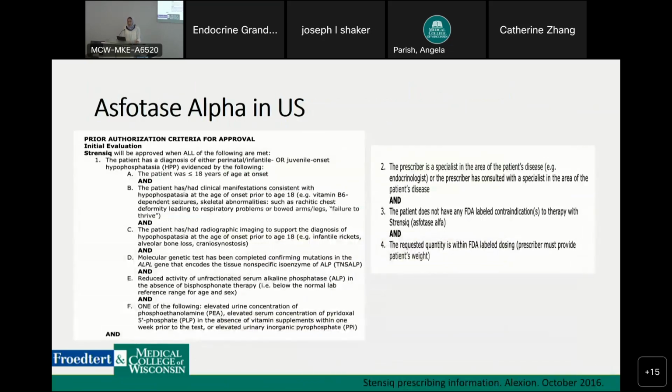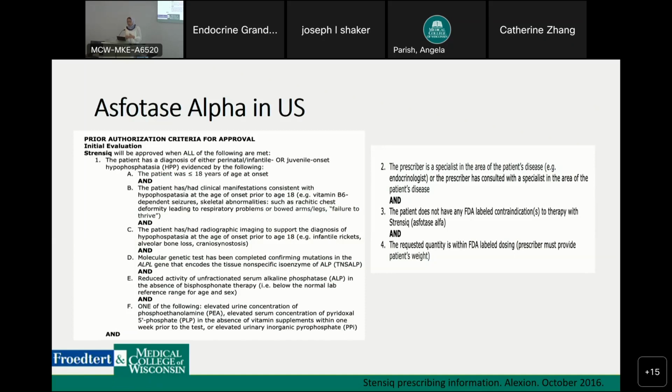So unfortunately, you know that asfotase alfa is out there and it's awesome, but it's very hard to get it covered in the United States. To have it covered, we have to have a diagnosis of HPP before the age of 18, and we should have all of the clinical features of HPP present: low alkaline phosphatase, elevated PLP, elevated urine or serum PPi.